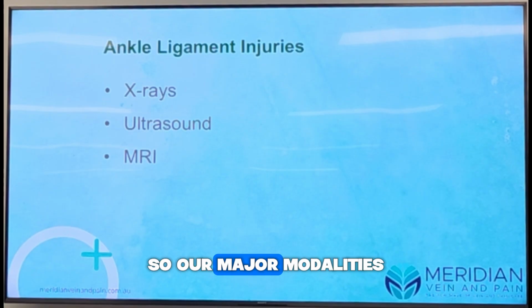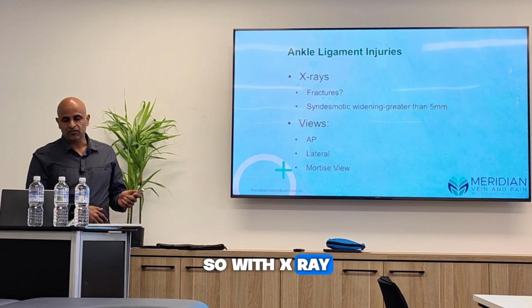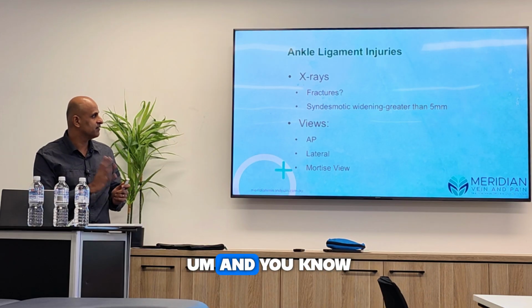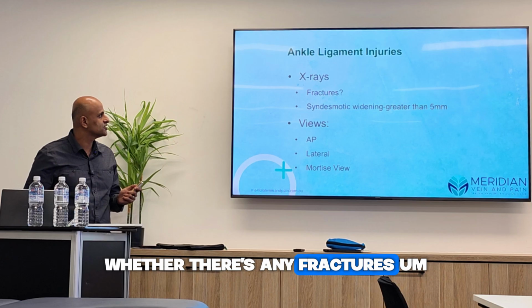Our major modalities for imaging are X-ray and ultrasound. With X-ray we get a number of views, and you get a bit of an idea of whether there's any widening, whether there's any fractures.